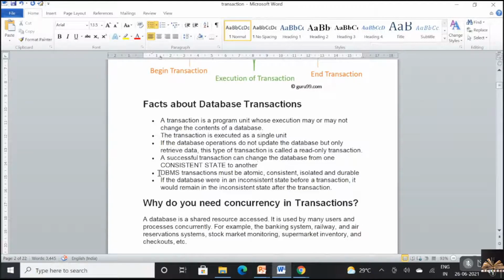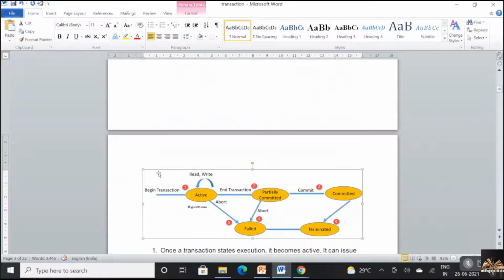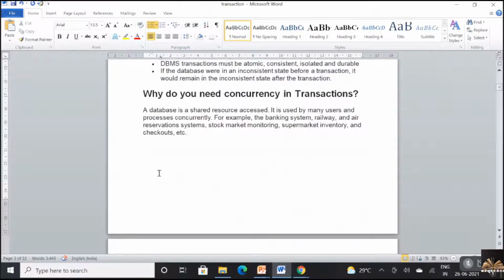And whenever I'm talking about transactions, they have to follow the ACID properties. So these are a few of the points which are termed as facts about a transaction.